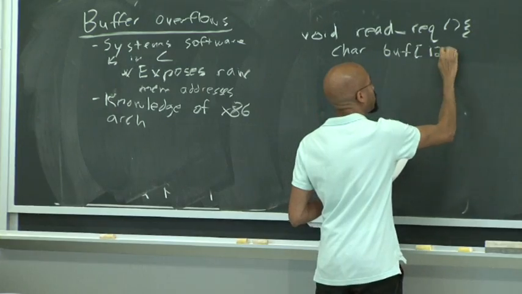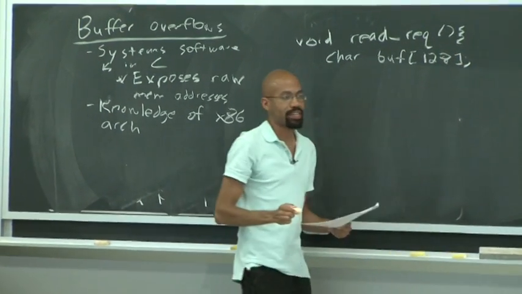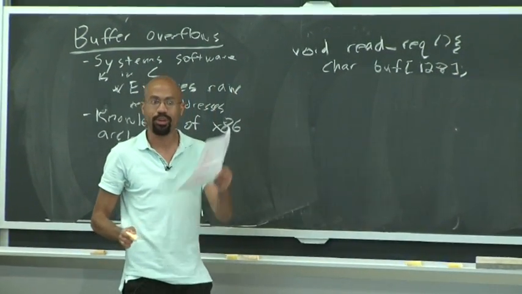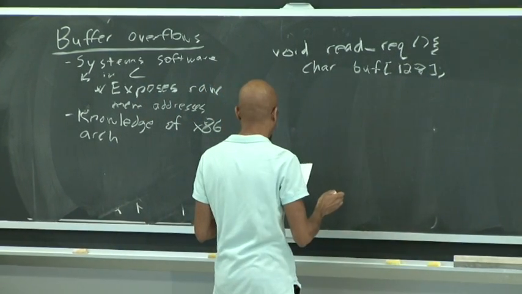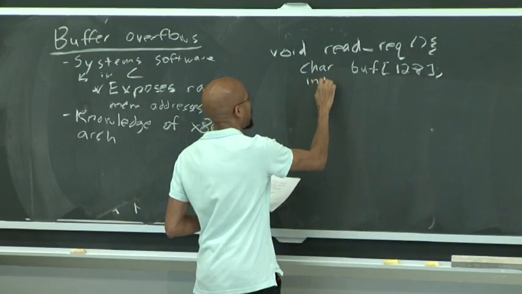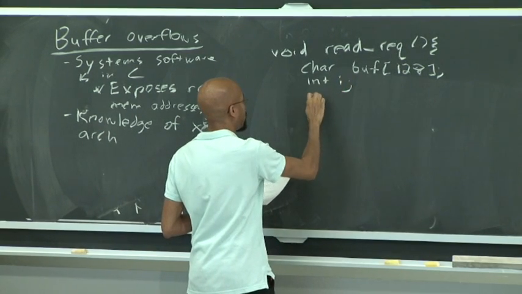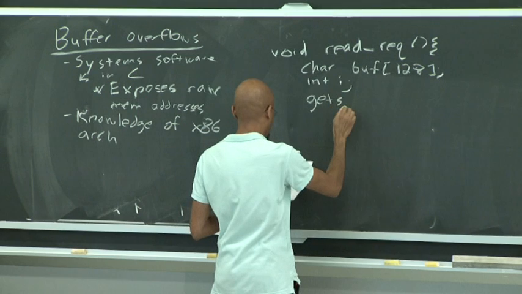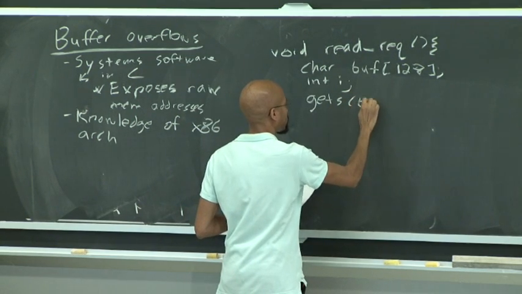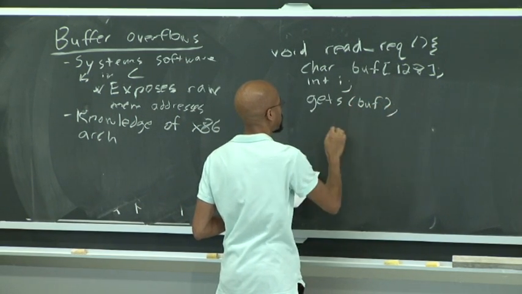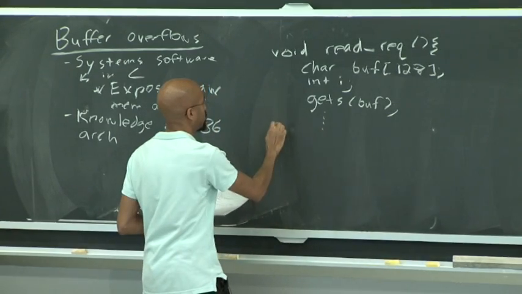And by now, you've probably trained your lizard brain instincts. Whenever you see a buffer, you're probably filled with fear. That is the right attitude. So we've got the buffer up here. And then we've got the canonical i. And then we've got the infamous gets command. And then you've got some other stuff here.